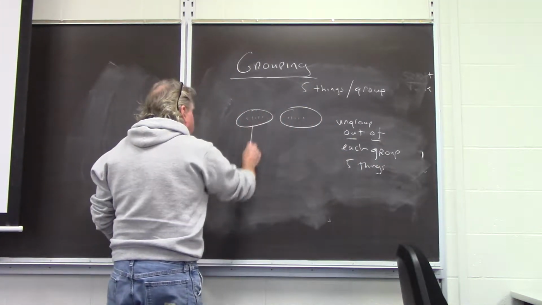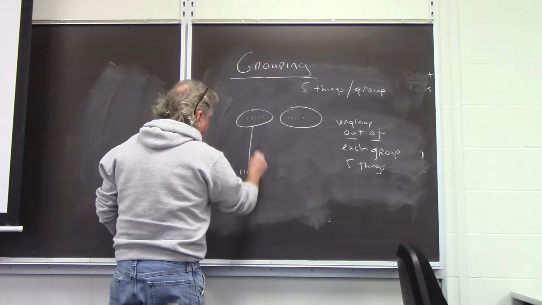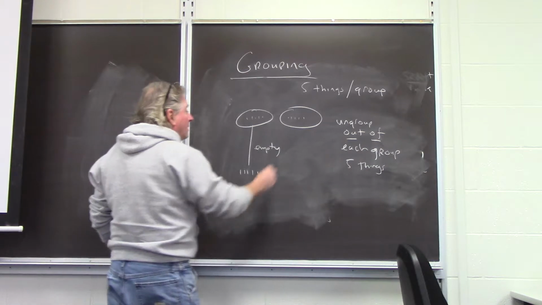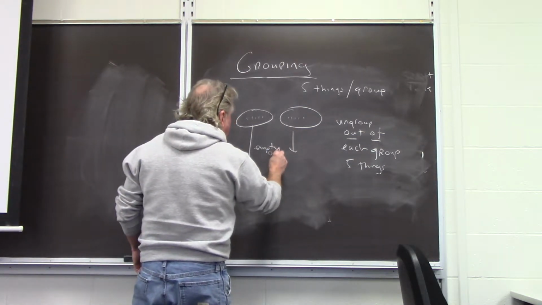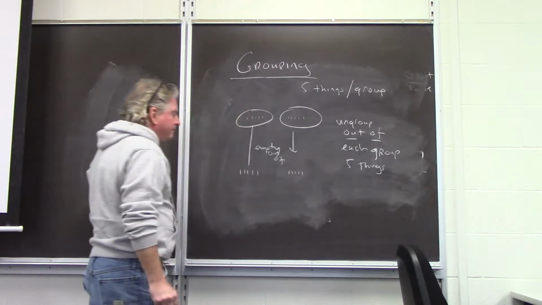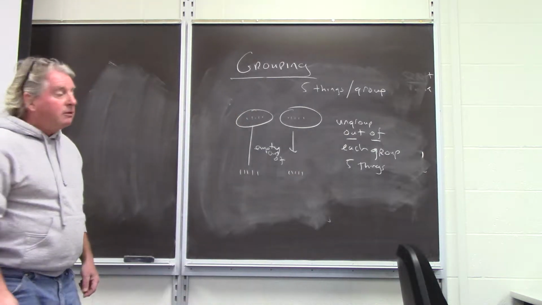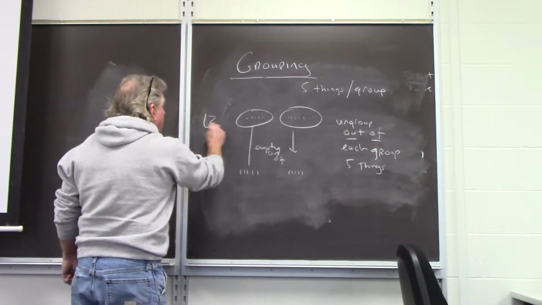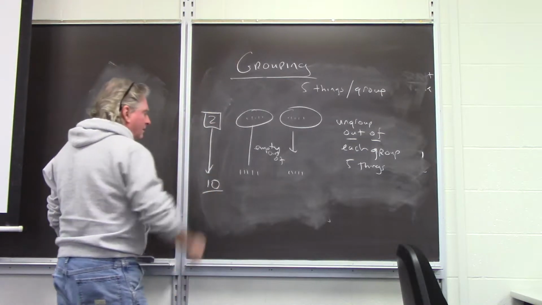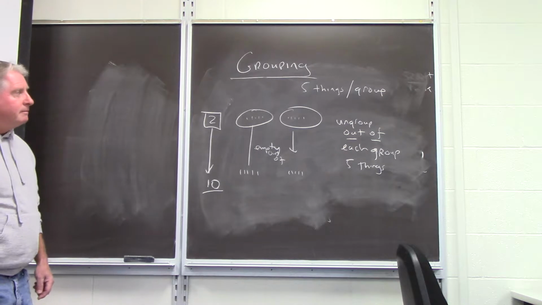Okay, and so when you do that, you empty out, in a sense, okay? You empty out of the 2 groups, and you end up starting with 2 things and ending up with 10. Okay.